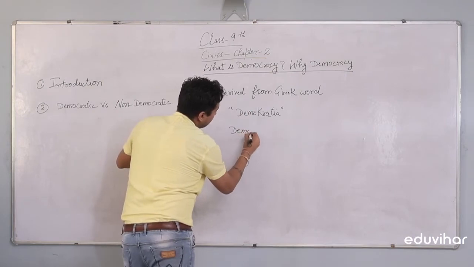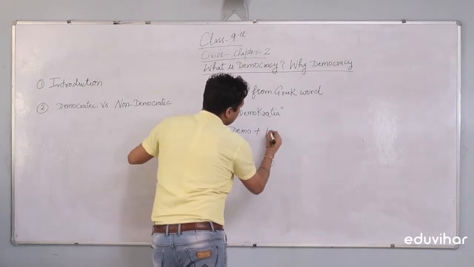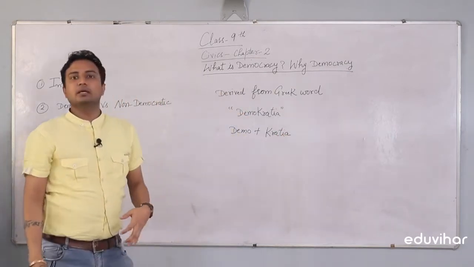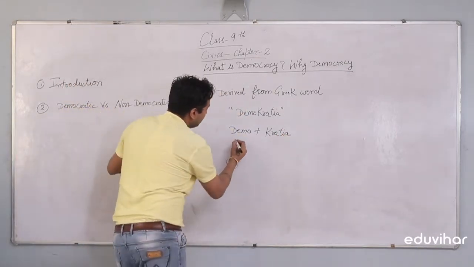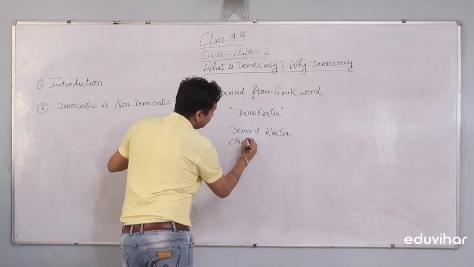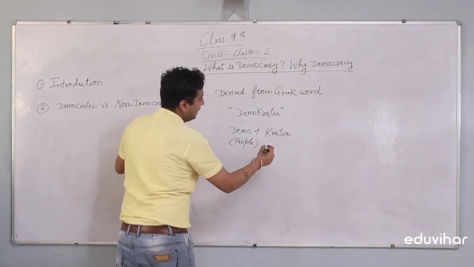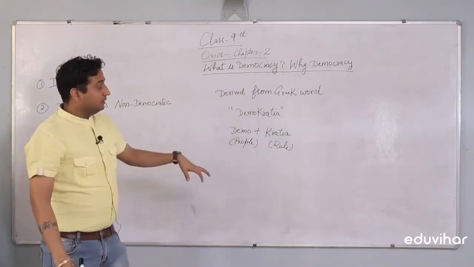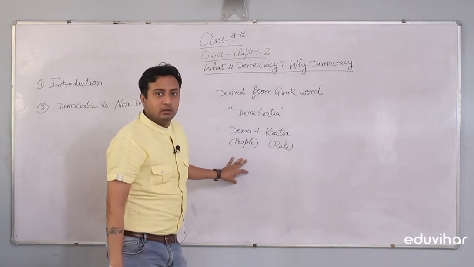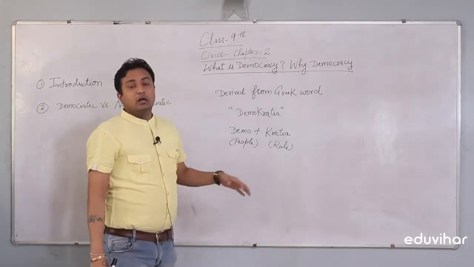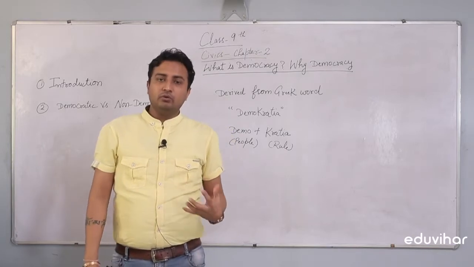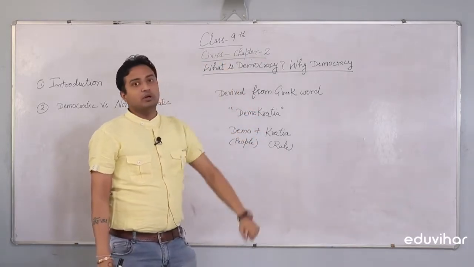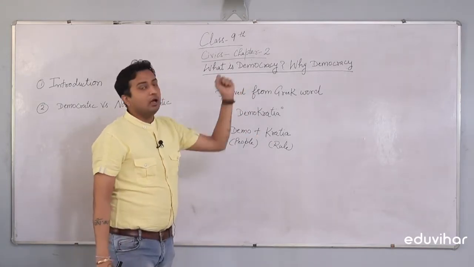Demo plus cratia. Demo means people. Cratia means rule. That form of government in which rule is done by people, or you can say people's rule, we call it democracy.